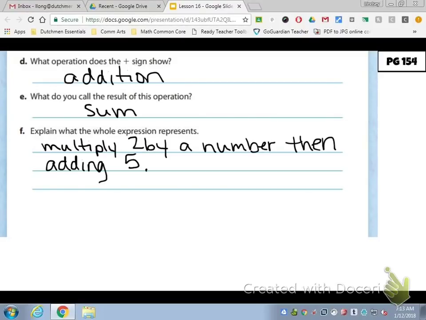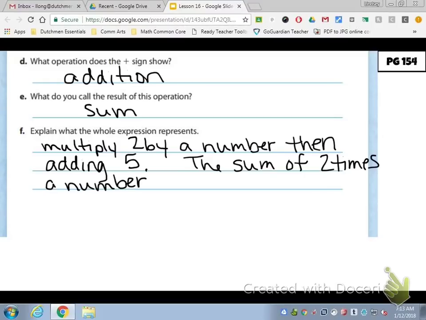Or you could say the sum of 2 times a number and 5. Either one of those would work to show what the whole expression represents.